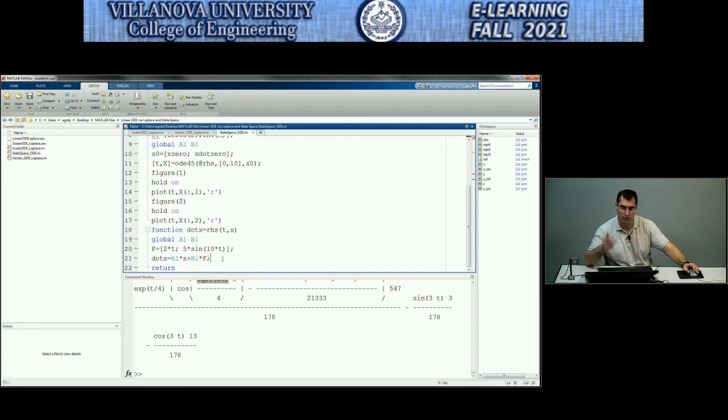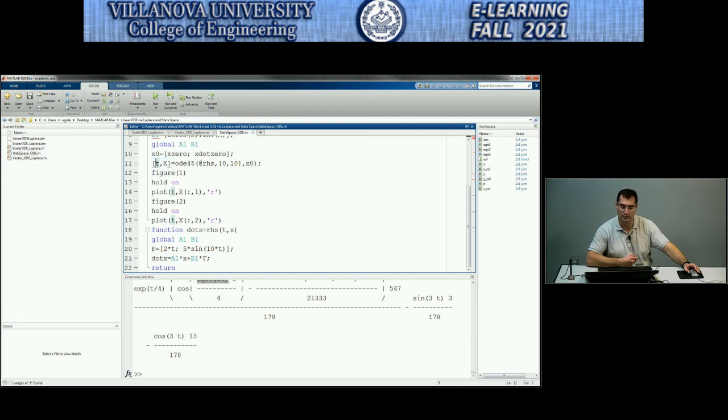So MATLAB is going to solve this differential equation, x dot equals A tilde times x plus B tilde times f, numerically. Once it's done, it's going to catalog all its findings into arrays of data.